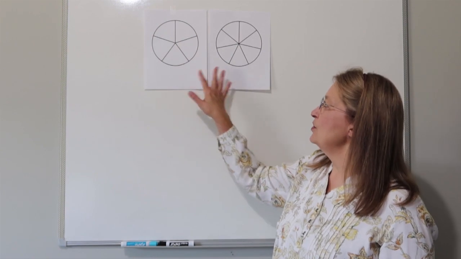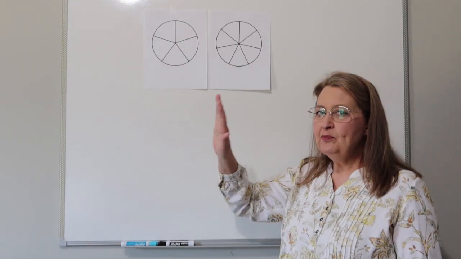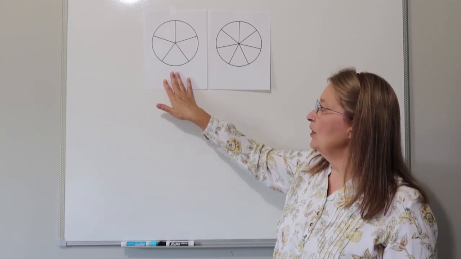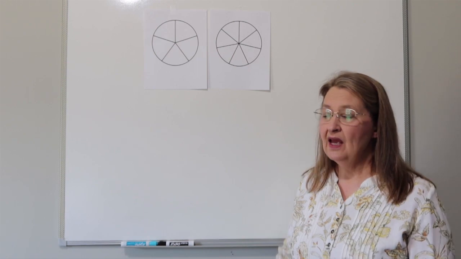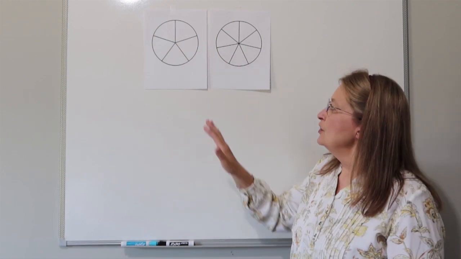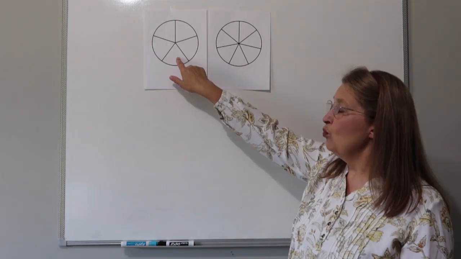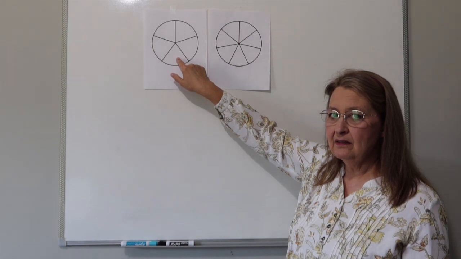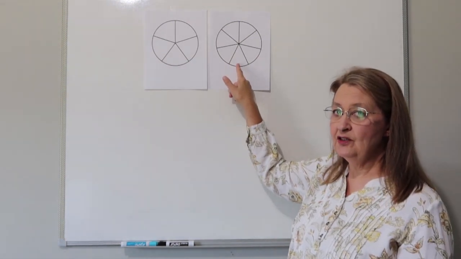Alright, these are 2 circles that are the exact same size. Think of them as pizzas. This circle was cut into 5 pieces, and this circle was cut into 7 pieces. Now the total is still the same, right? So is this piece the same as this one? It's one piece, but no, it's not the same as one of these pieces.